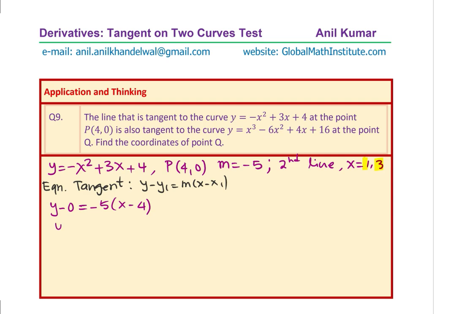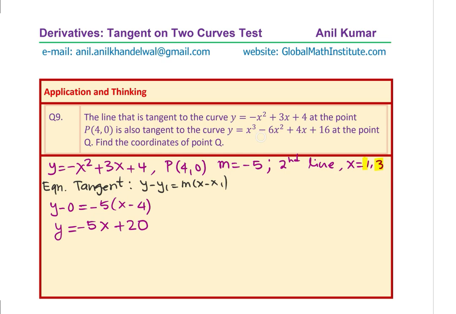So that gives you an equation of tangent as y equals negative 5x plus 20. Is that clear to you? Now this point, whatever the value of x is there, should lie on the tangent line. You get the idea.